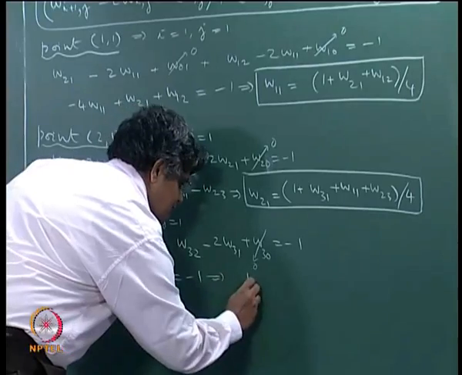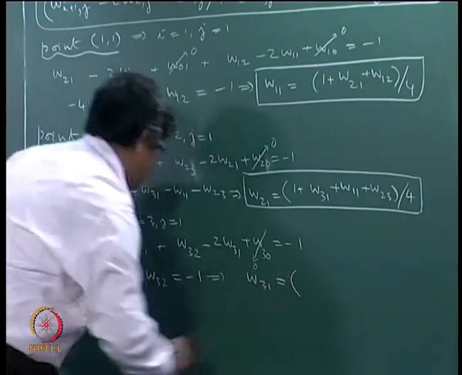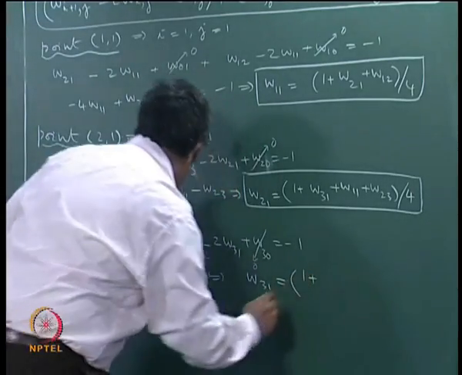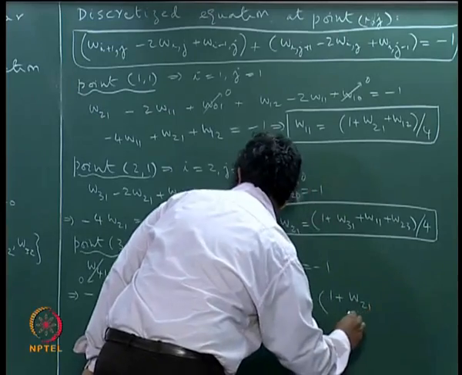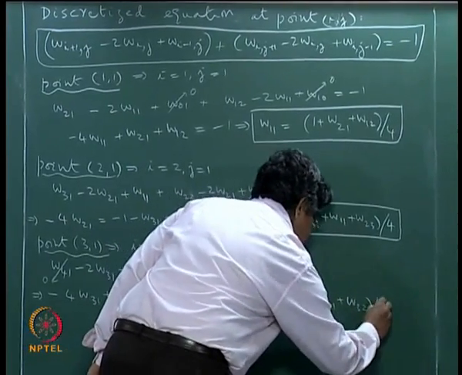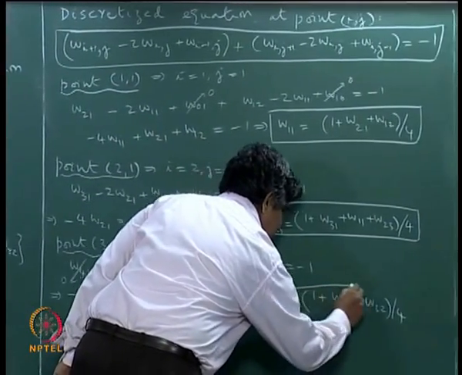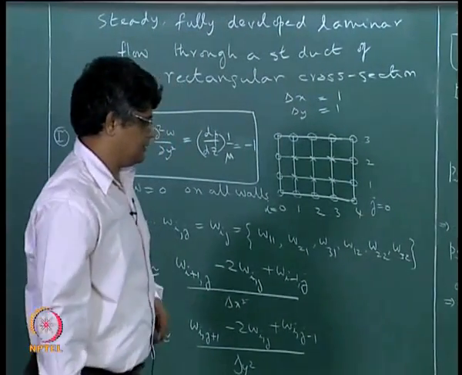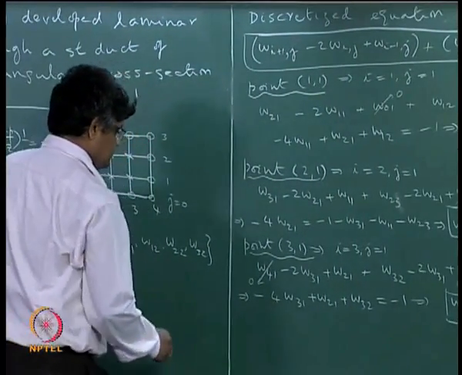So this gives us W31 as 1 plus W21 plus W32 by 4. So this is the equation for W31.